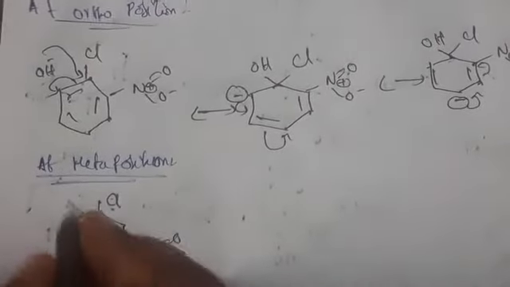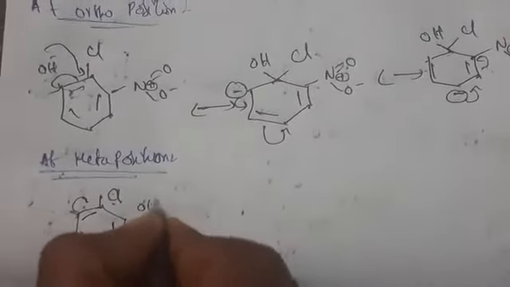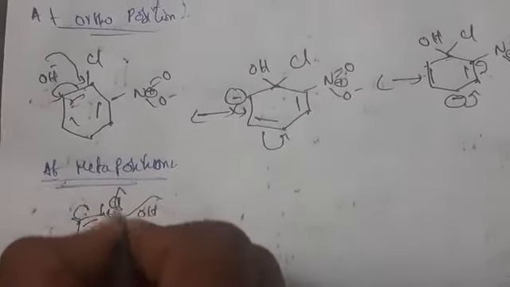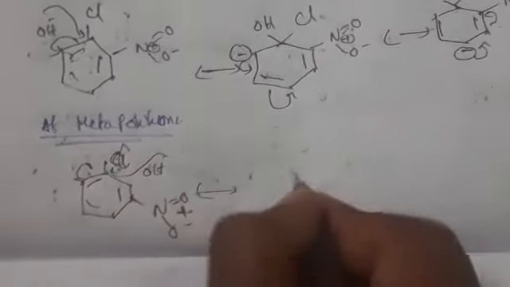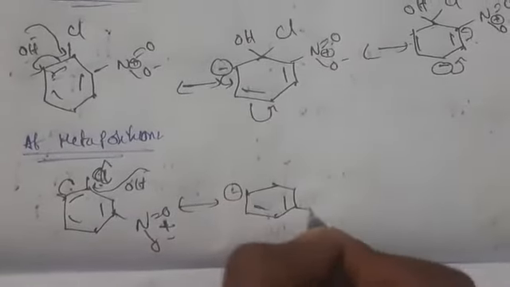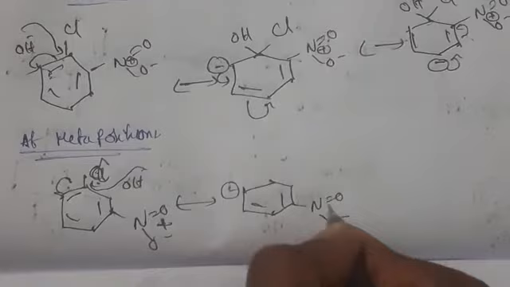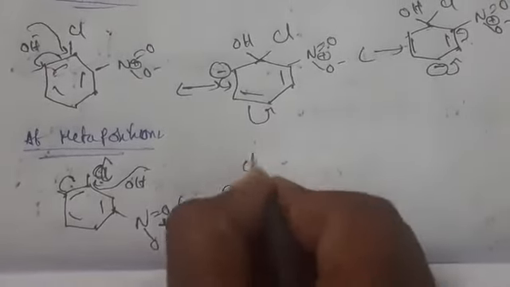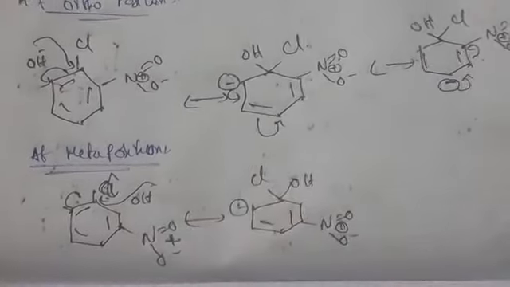Okay, so here we are turning the bond, here OH minus is coming and adding to the carbon bearing Cl. So now what happens here? Minus charge, bond, N double bond O minus plus, here Cl OH we are getting.